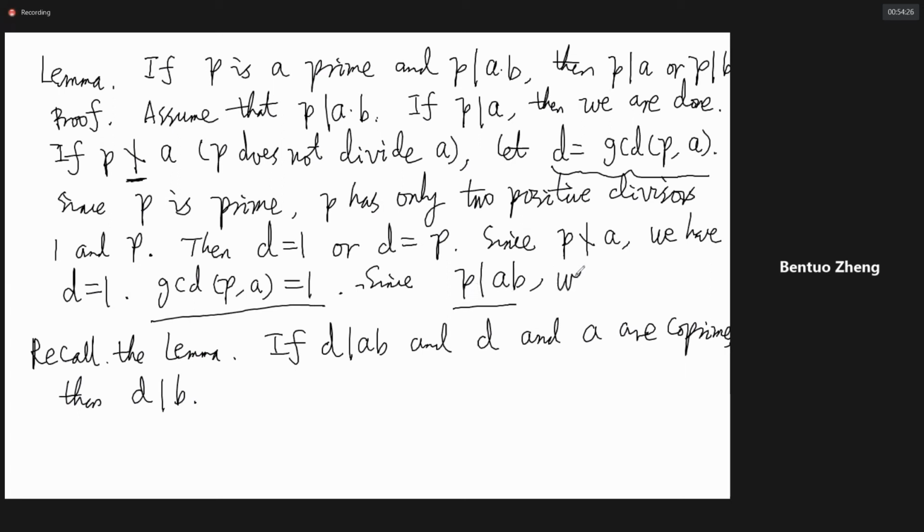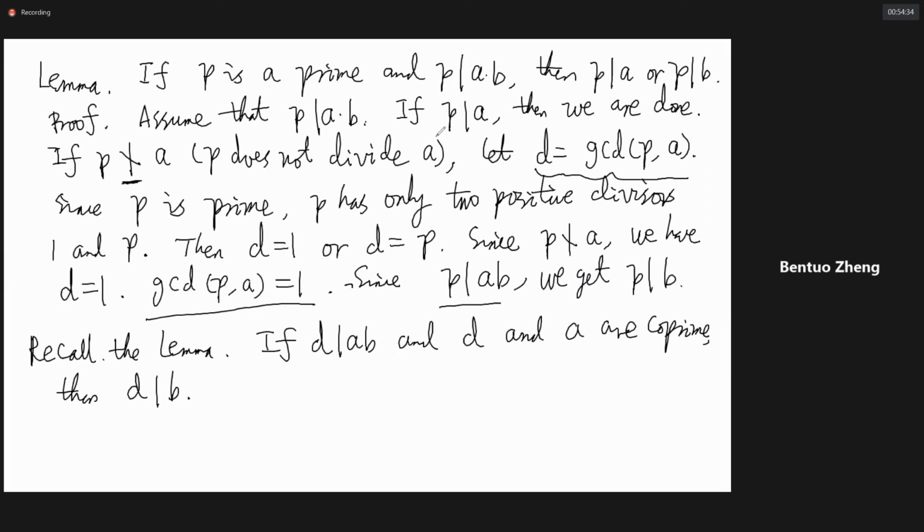Then we get P divides B. So you can see if P is a prime, either P divides A, or in the case when P does not divide A, then P has to divide B.